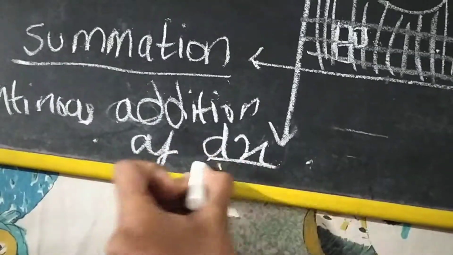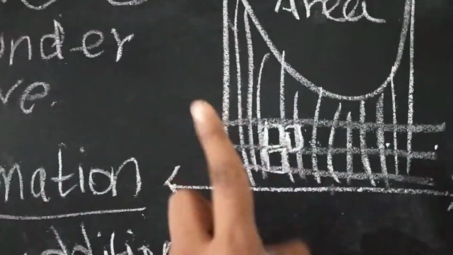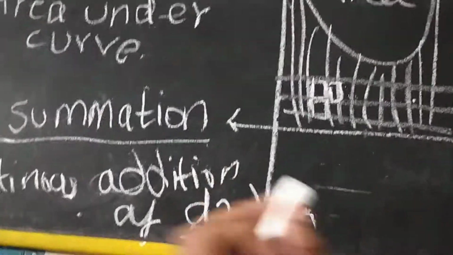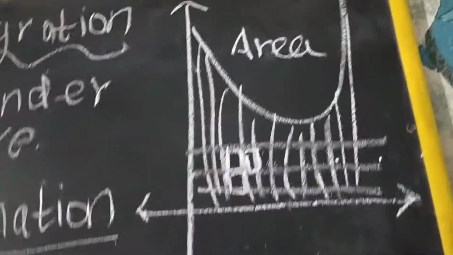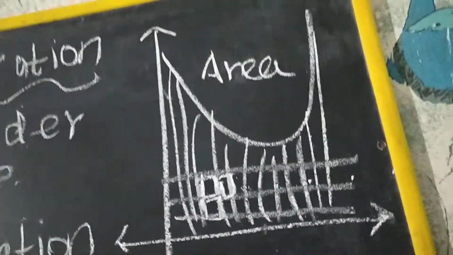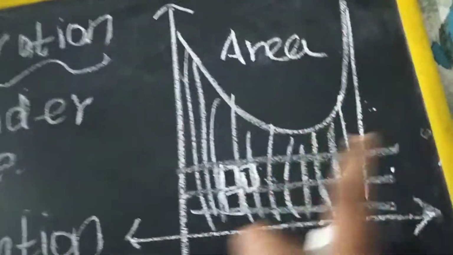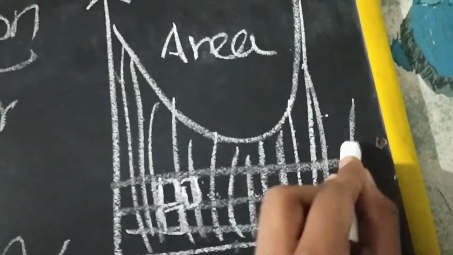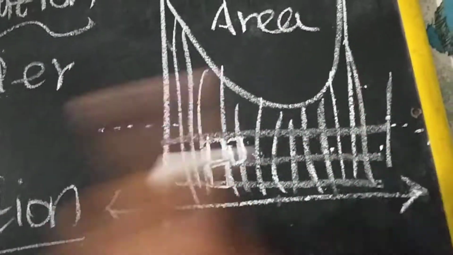And yeah, let me tell you, dx means nothing but small change in x. So suppose we consider this x, the small change in x and the addition of that continuously is called integration. Now if we see this diagram, this curve never ends from both sides. It is infinite, right? So even this area is not limited, it is infinite.